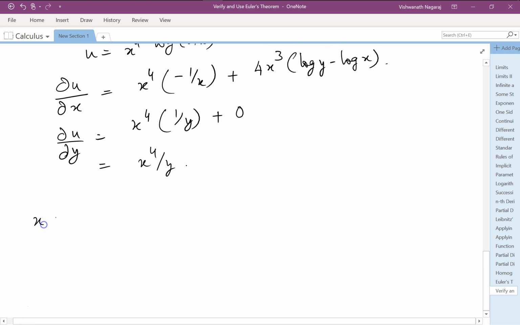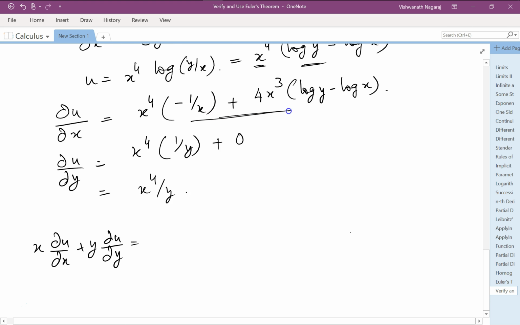Now x dou u by dou x plus y dou u by dou y is equal to x times this, so x to the power of 4 minus 1 by x. So this becomes 4x to the power of 4 log y minus log x, plus y times x to the power of 4 by y.